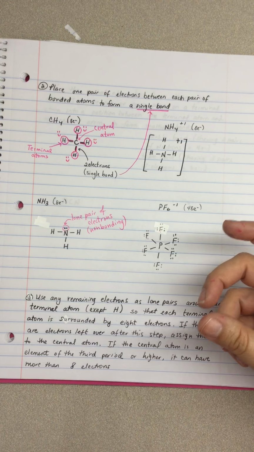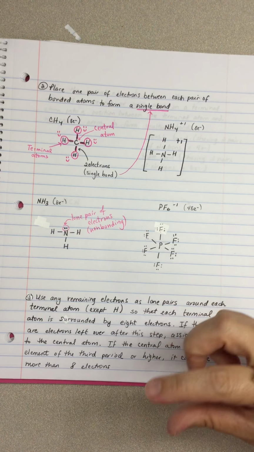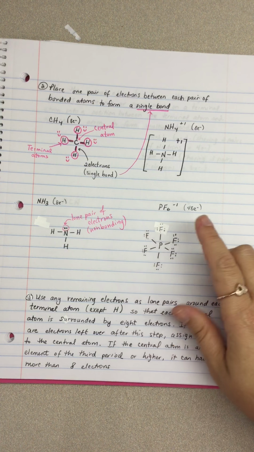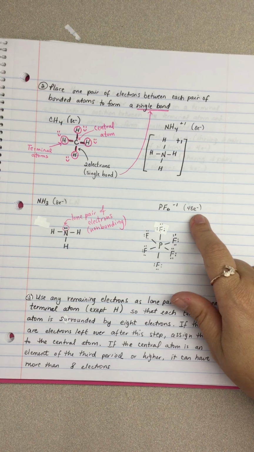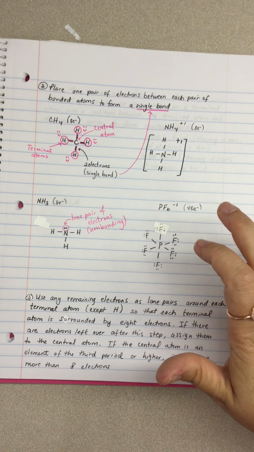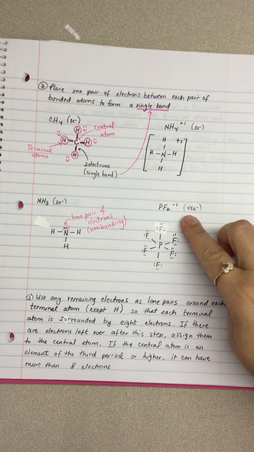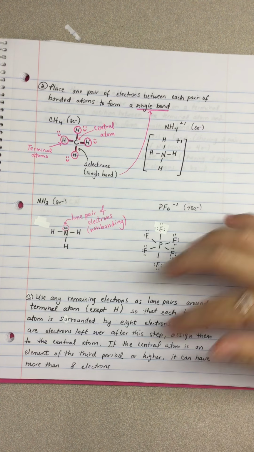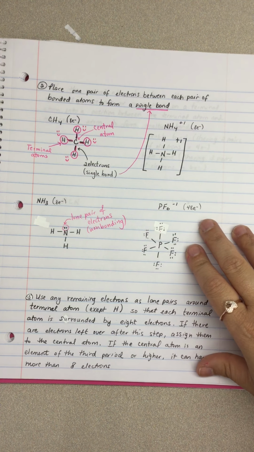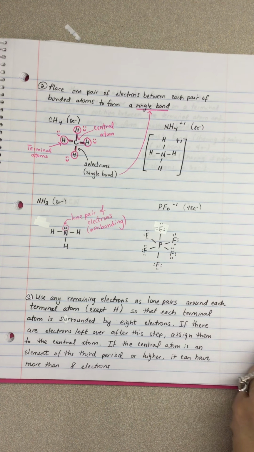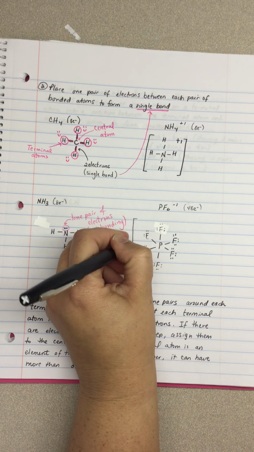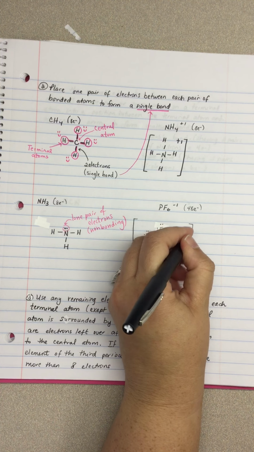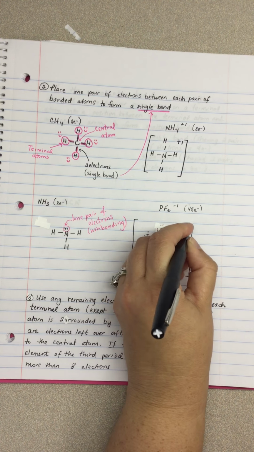You need to check that everything has an octet and that you're using as many electrons as the amount that you calculated. No more or less. It's exactly that amount. So you can count and you will see that you're using all 48 electrons so far. And now this is an ion, and that should be in brackets with the charge -1.